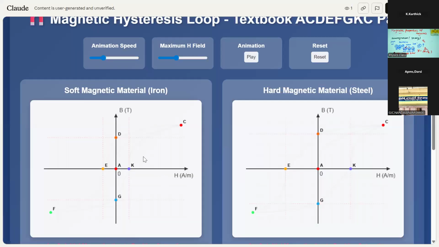Hysteresis means the material's magnetism, that is B versus H. The B field does not follow the external influence, the H. It depends on its history.